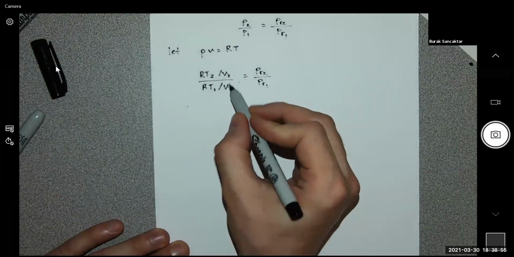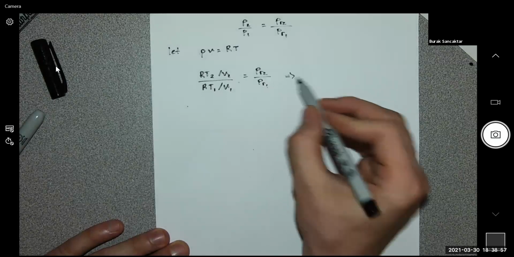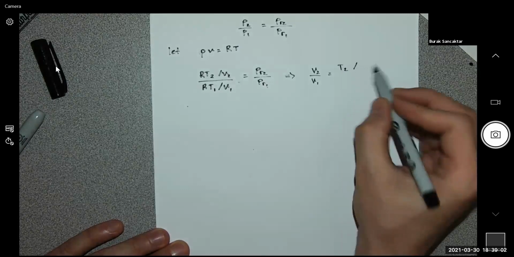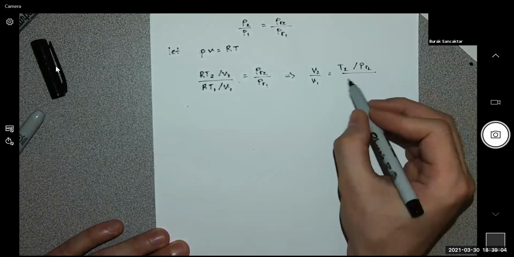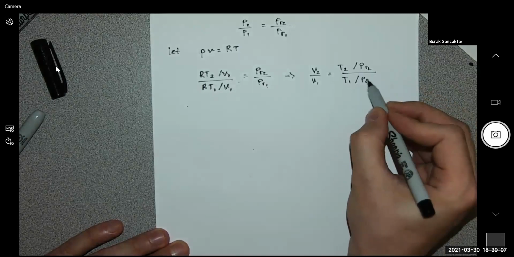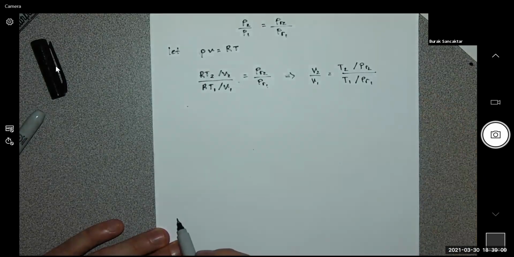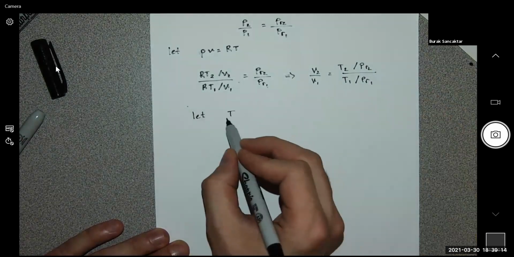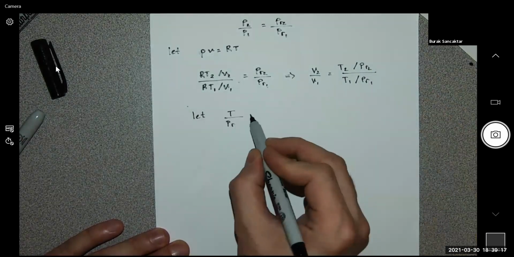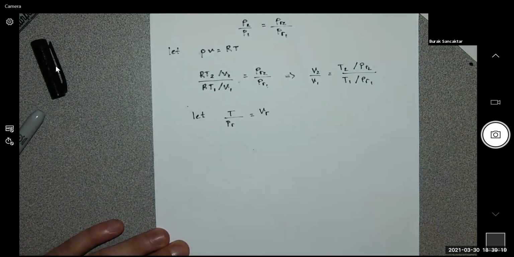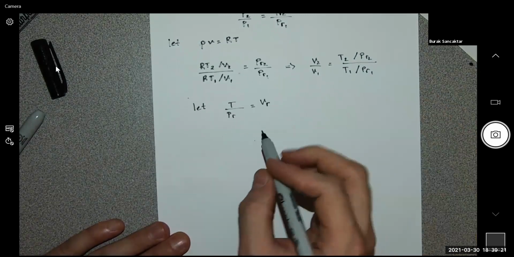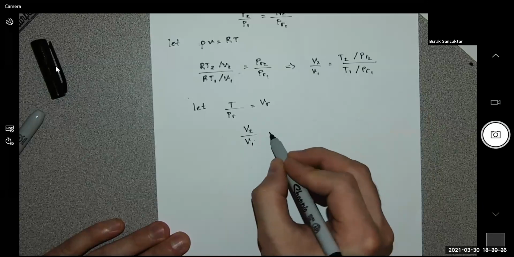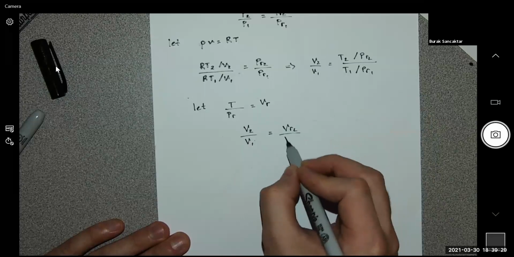If I leave my specific volume alone, V2 over V1 equals T2 divided by PR2 over T1 over PR1. I call this T over PR ratio as VR. If I do that, this V2 over V1 will be equal to VR2 over VR1.